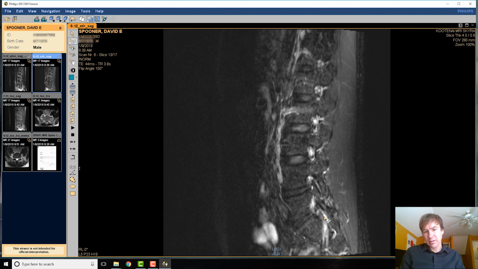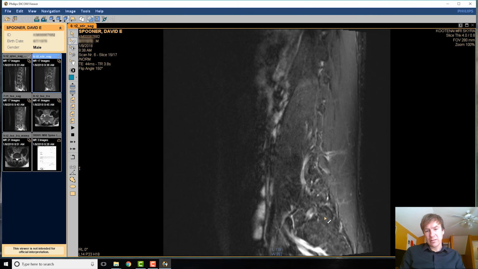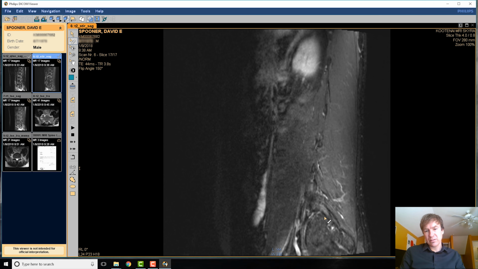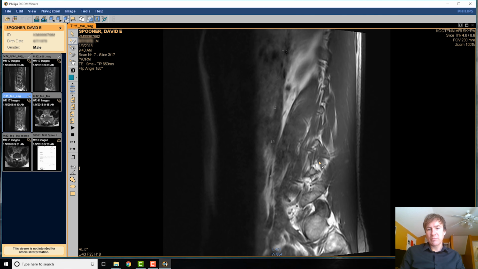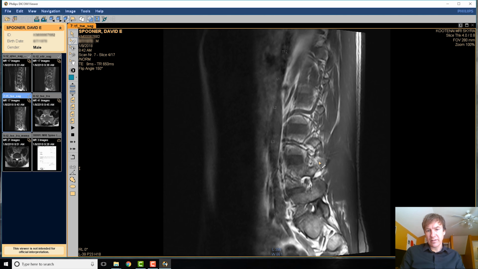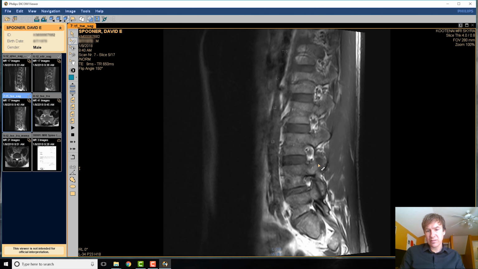So yeah, even though the disc's height still seems to be about the same as before, and you can see that they are darker in color.